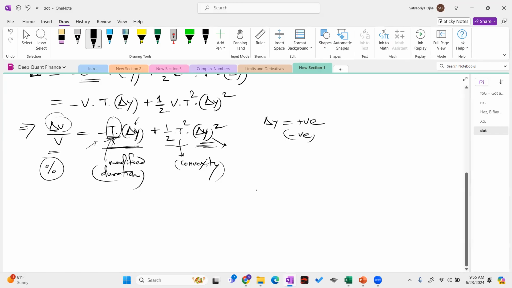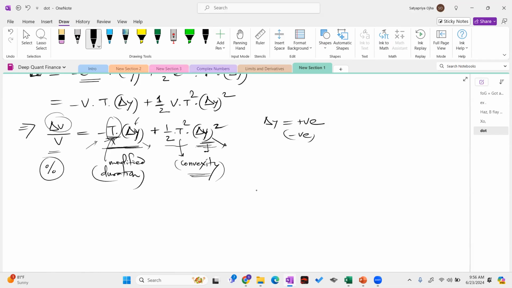So if you are a bond holder, then convexity is your friend. Convexity will always help you. It gives you a cushion. Whatever is predicted by delta y, you'll get something additional always. It favors you.